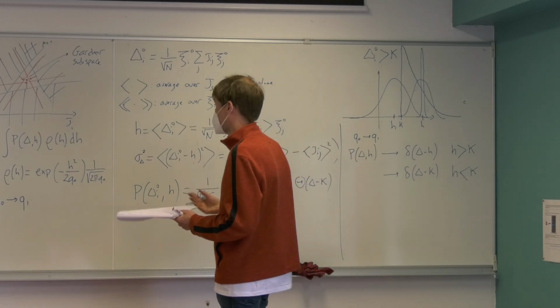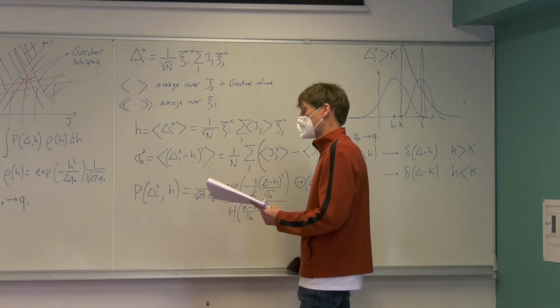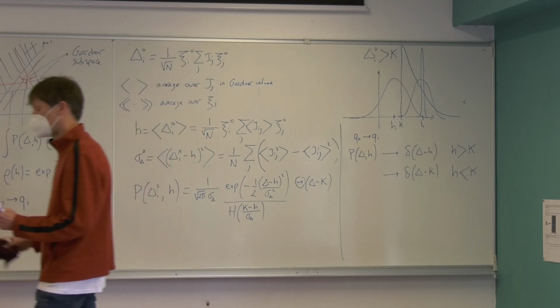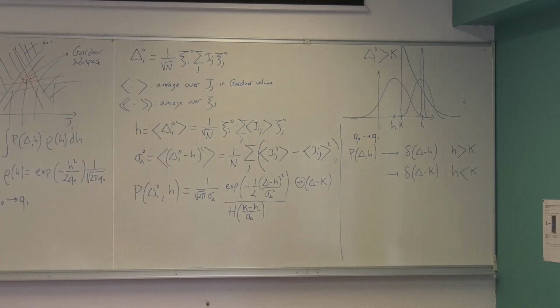And so eventually that gives us the distribution of deltas at the maximum capacity, which is composed of two terms. Let me write it.